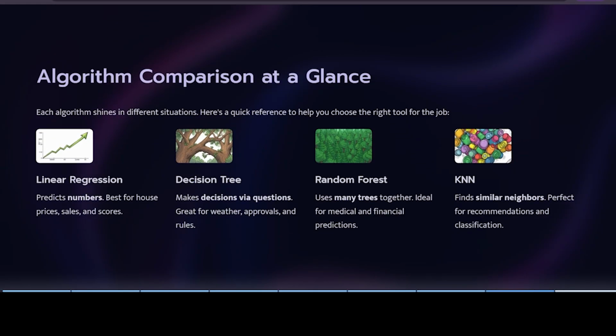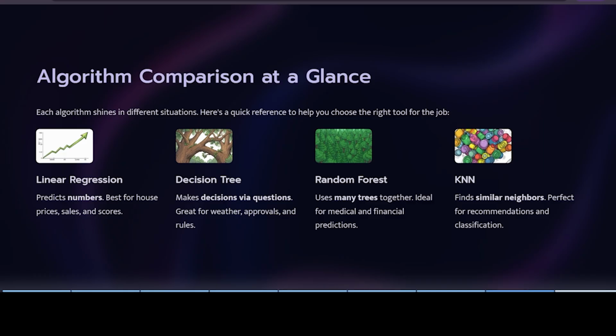And now, an algorithm comparison at a glance. Linear regression, as I already said, predicts numbers, like house prices and student marks. Decision tree makes decisions using yes or no questions, so it predicts the weather, loan approvals, and medical diagnosis.